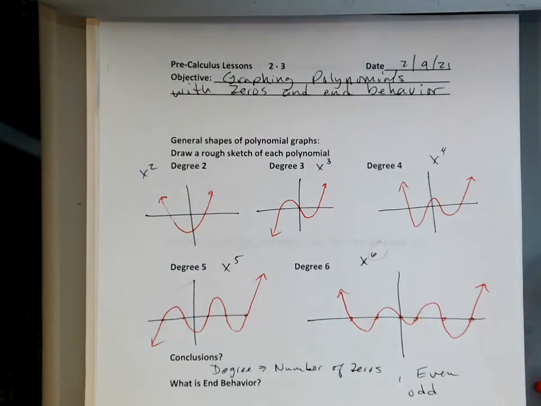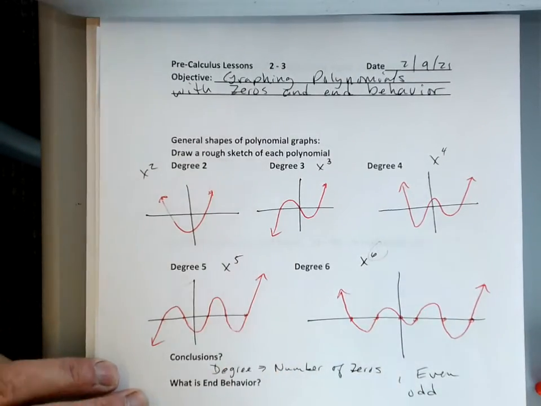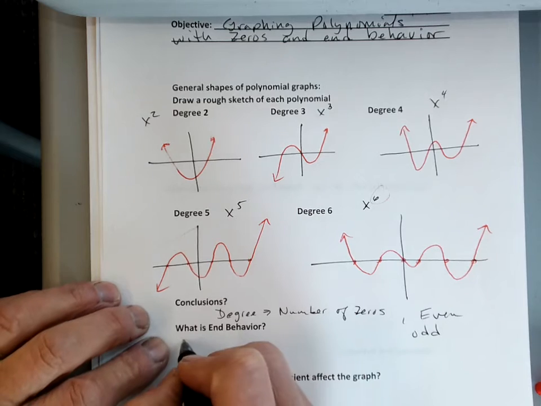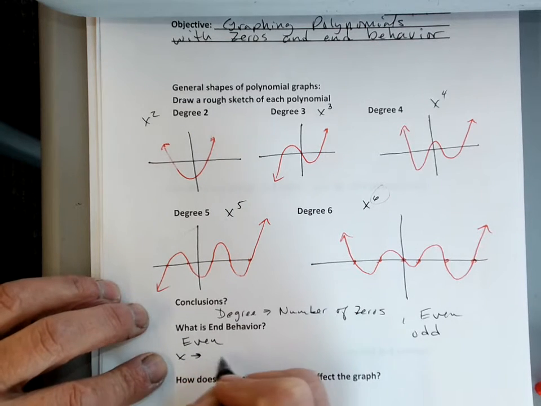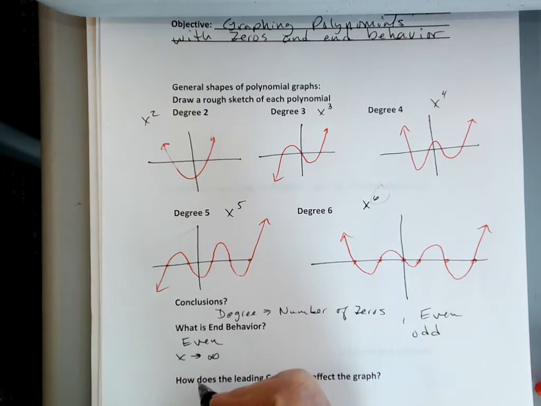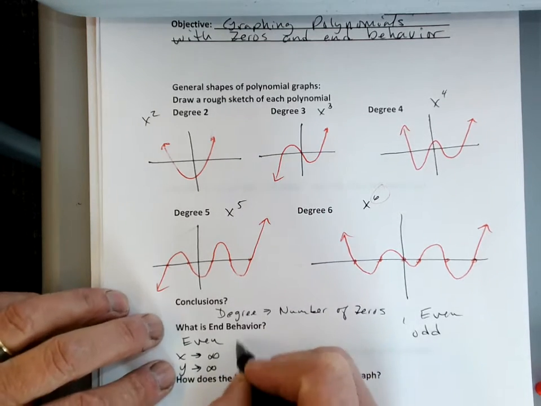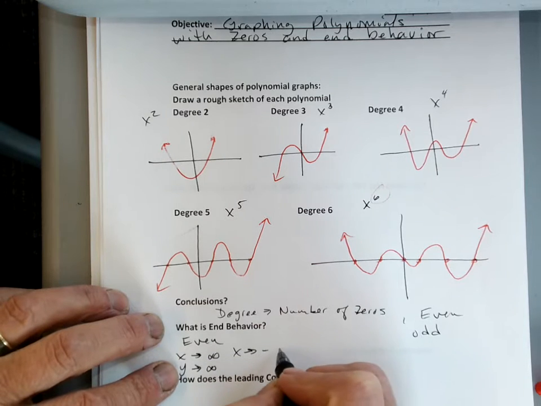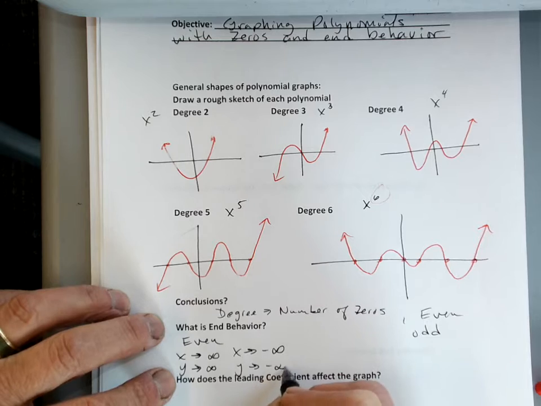So let's talk about end behavior. So if it's odd, exactly what you said, okay? So it's even, then as x approaches infinity, y would approach infinity, and as x approaches negative infinity, y would approach infinity also, right?